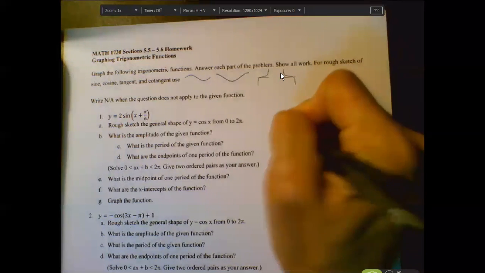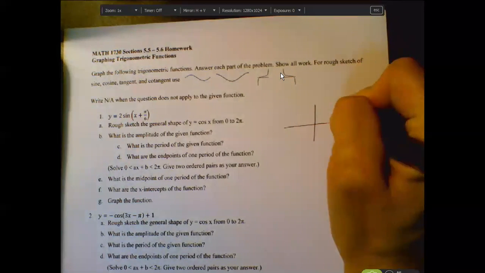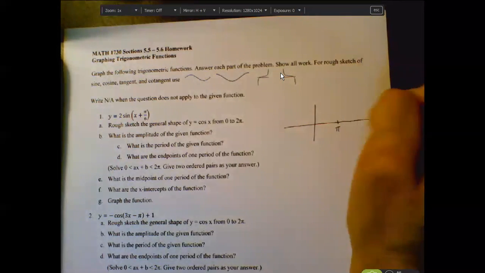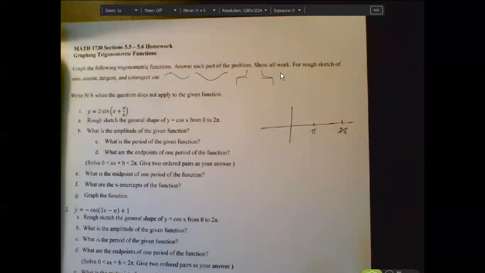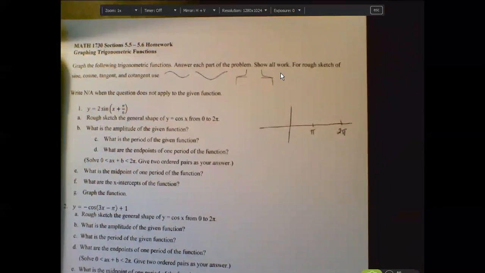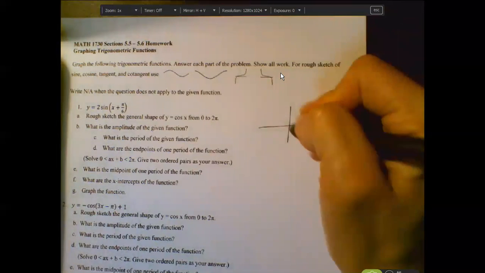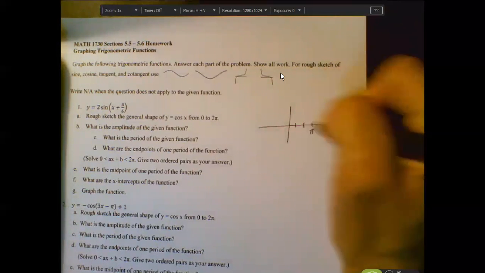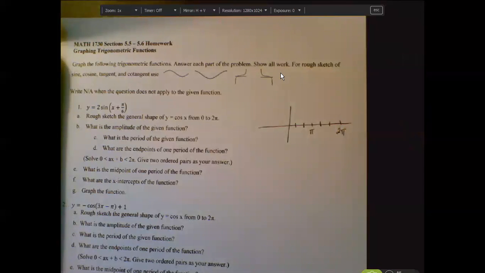I'm thinking about giving you a graph that counts by pi's, and if you need to count by 1/3 of a pi, you just add your own tick marks, 1/3, 2/3, 3/3, 4/3, 5/3, 6/3, like that.